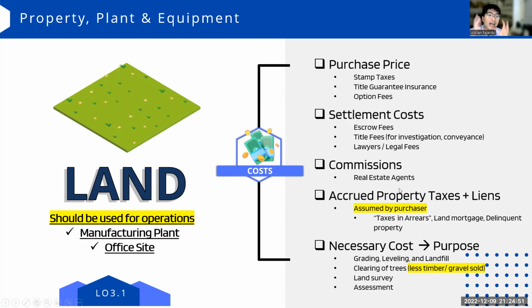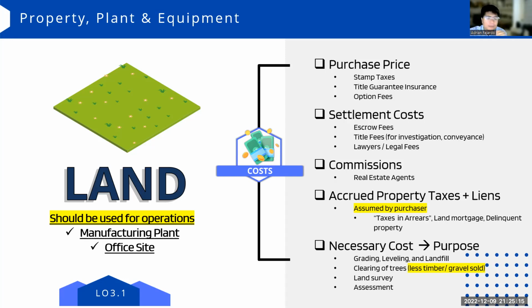But make sure these are accrued property taxes, not taxes after you bought it. If it's something occurring regularly, yearly, then you don't capitalize it. If you already bought the land, but after one year you were taxed again, that tax is not capitalizable. That tax is an outright expense.